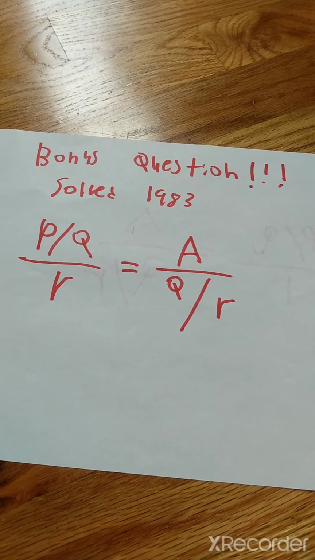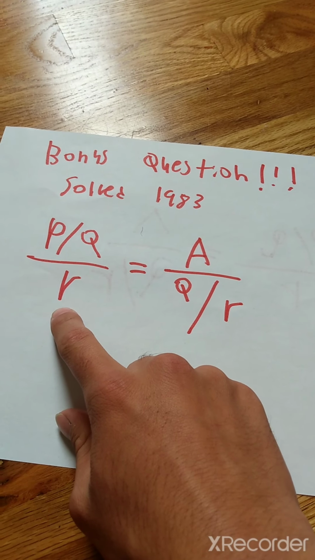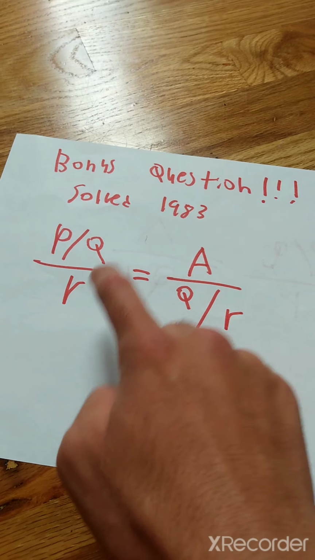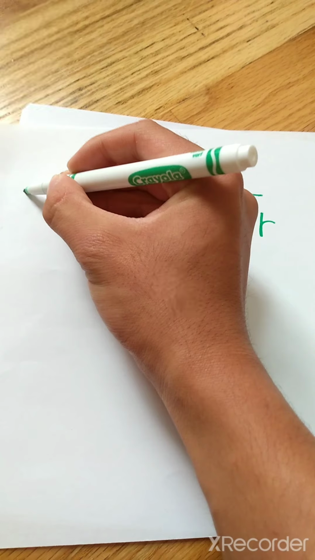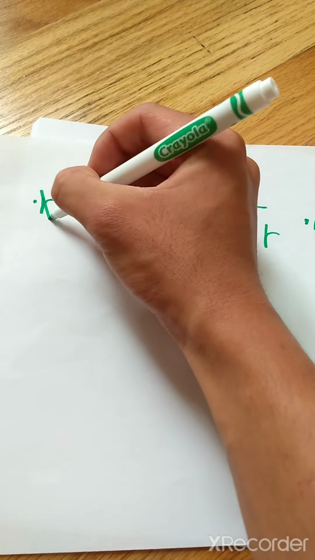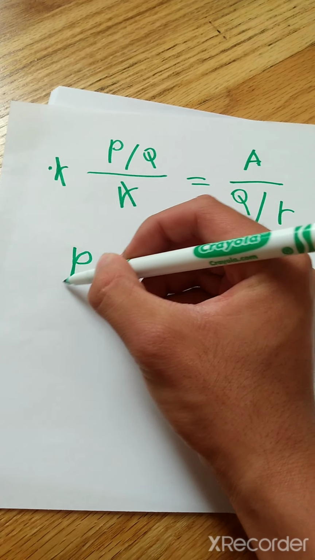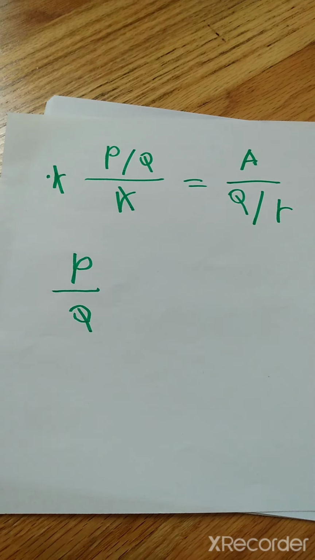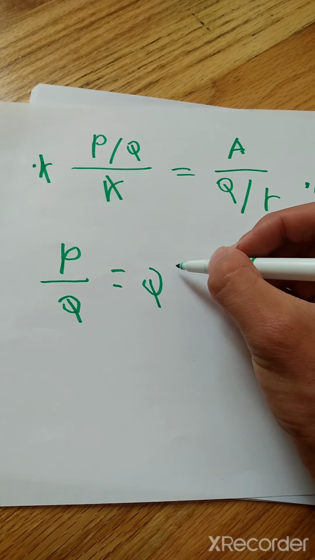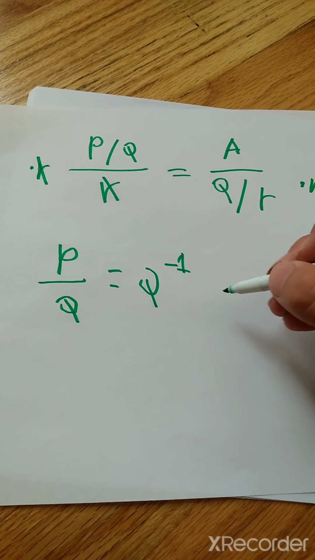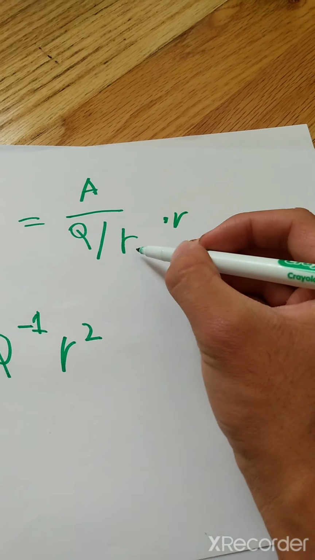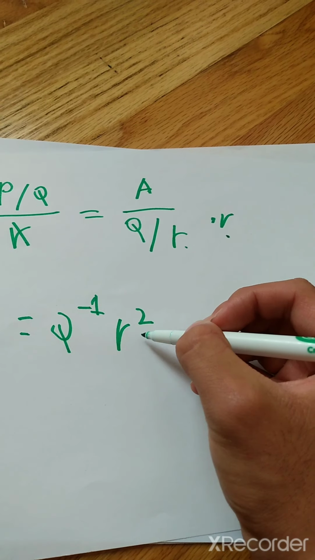What we have to do first is multiply both sides of the equation by r to get rid of r. If we multiply this by r and this by r, the r's will cancel out. So now we have p over q equals q to the exponent of -1, then r squared, because a variable times a variable is the variable squared.